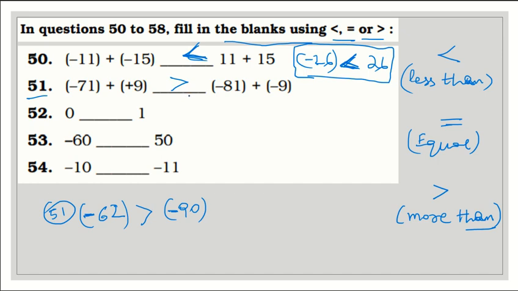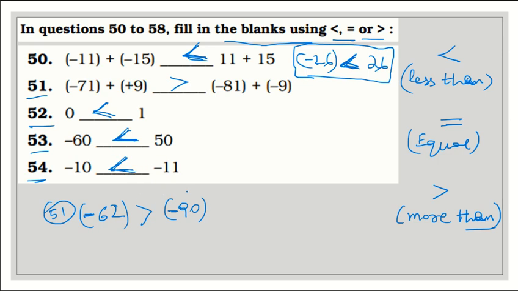Now coming to question number 52, it is easy to fill. 0 is less than 1. 53, that is also easy. Minus 60 is always less than any positive integer. Then in 54, minus 10 is compared to minus 11. See children, minus 10 is closer to 0, so minus 10 is on the right side of minus 11. So that is why minus 10 is less than minus, sorry, is it less or more?